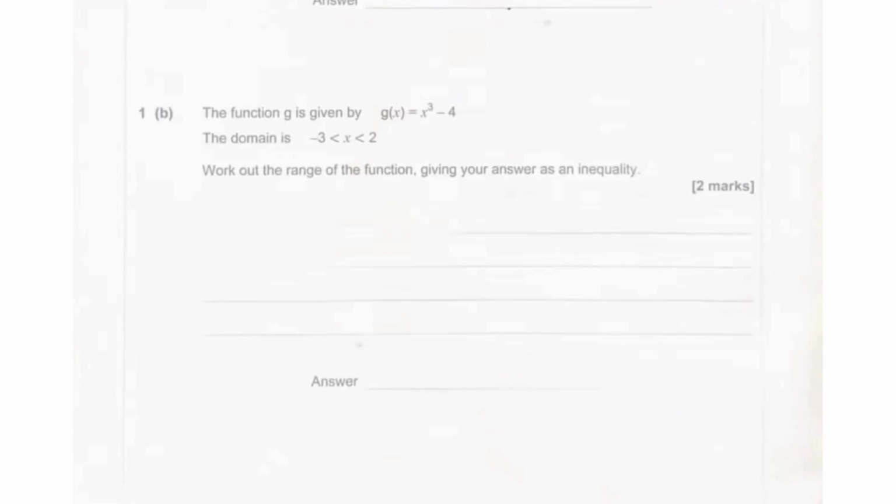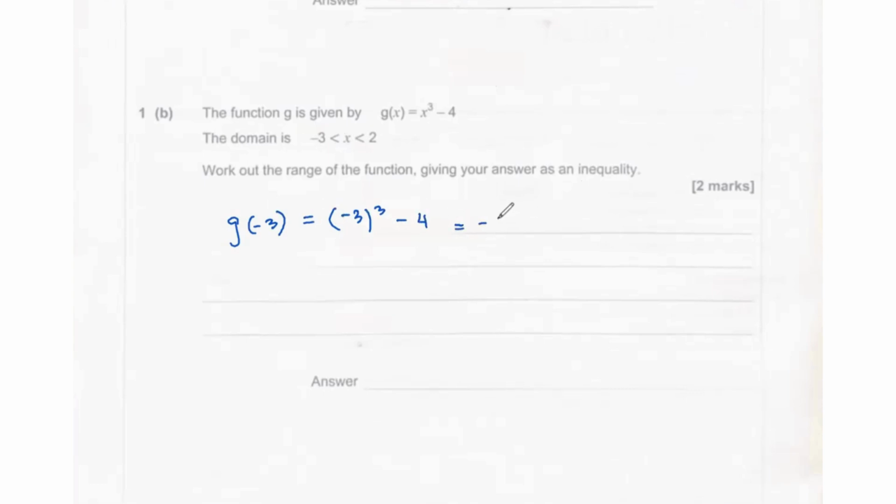The second part says that the function g is given by g of x equals x cubed minus 4. The domain is x is greater than -3 but less than 2. Work out the range of the function, giving the answer as an inequality. So we're going to substitute the values of -3 and 2 in this function first. g of -3 is -3 cubed minus 4.